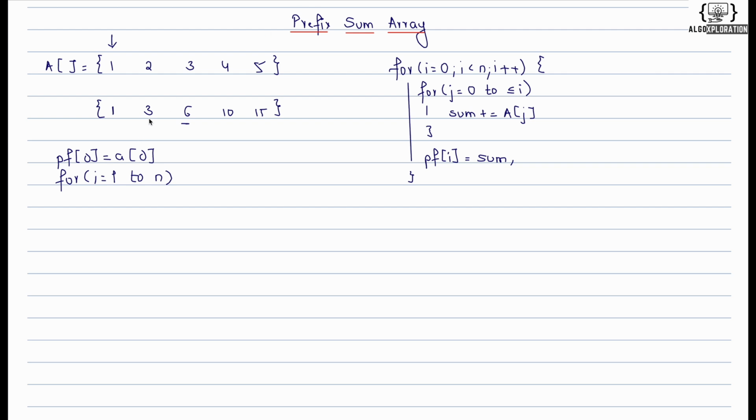Now for this place we take the previous sum and the current a of i, so pf of i is nothing but pf of i minus 1 plus a of i. That's it. Using this one single for loop, we are able to make the prefix sum array rather than using the earlier pseudocode.